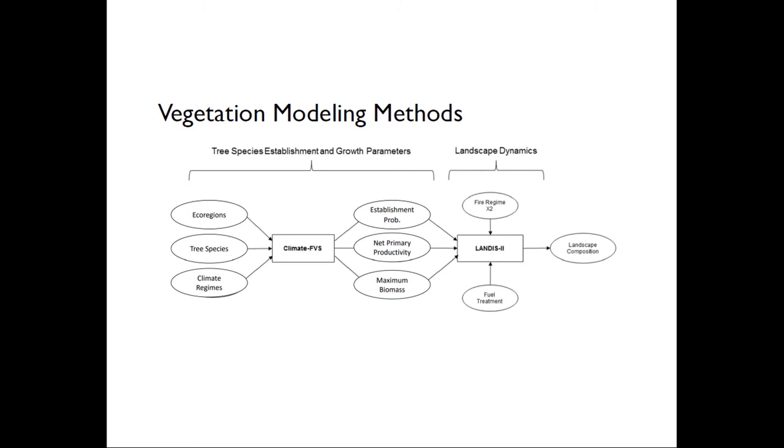And then LANDIS-II is a stochastic spatial fire model. So we were doing multiple runs of this to get the average situation for fire. And that outputs a future landscape composition, both what are the vegetation types and what does the fire regime look like.